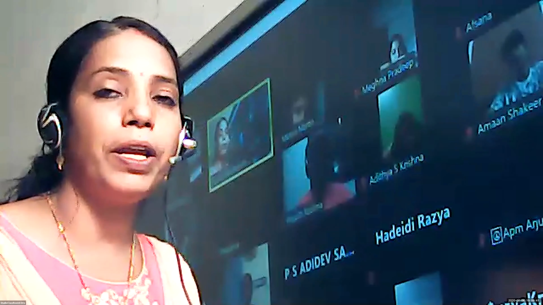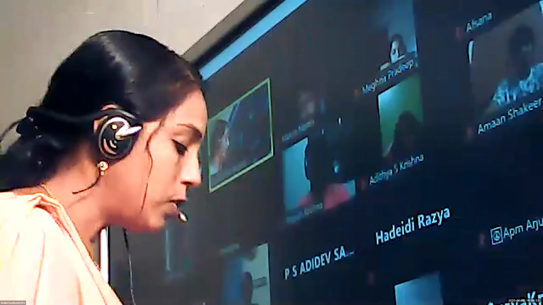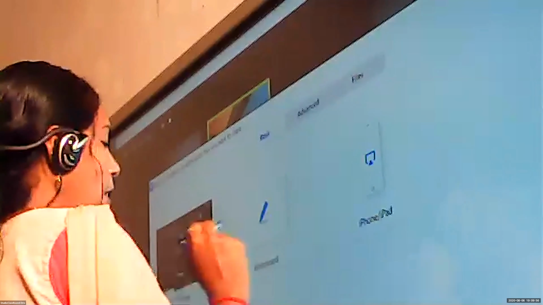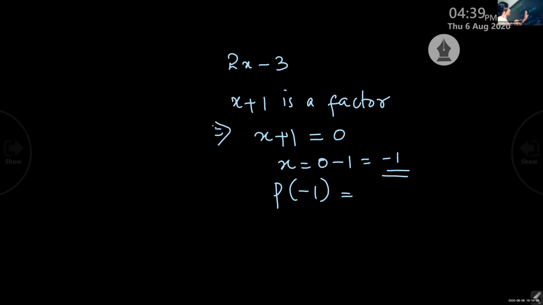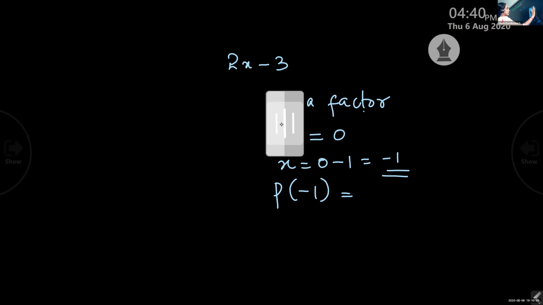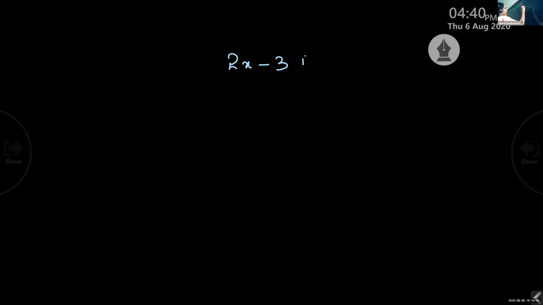Clear? How did you get that negative 1, p of negative 1? That factor you have to equate to 0. So when you shift the constant to the right side, you will get x value as negative 1. So here also, you have to do the same thing. Given that 2x minus 3 is a factor, you have to equate 2x minus 3 to 0.